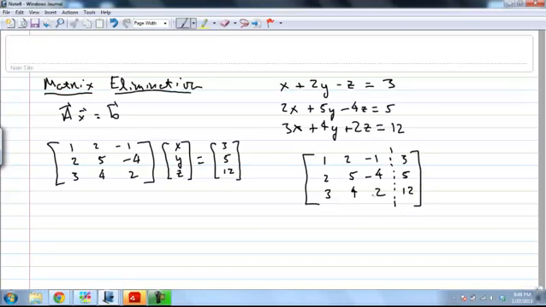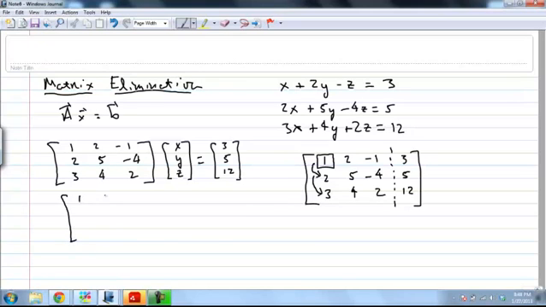This is where I start my elimination. Notice that I have a pivot in the 1,1 position, and I'm going to use that pivot to eliminate the elements underneath it. So let's get started.